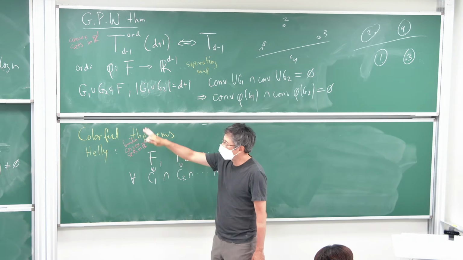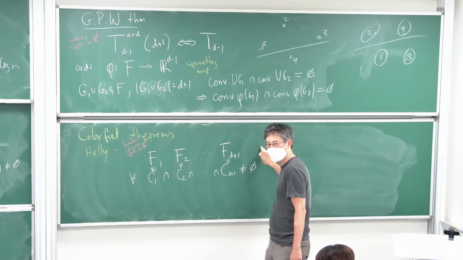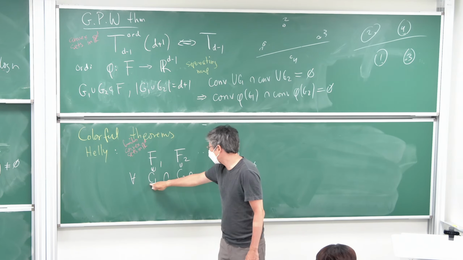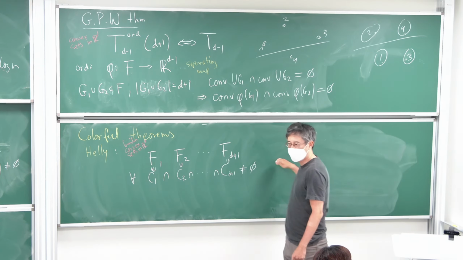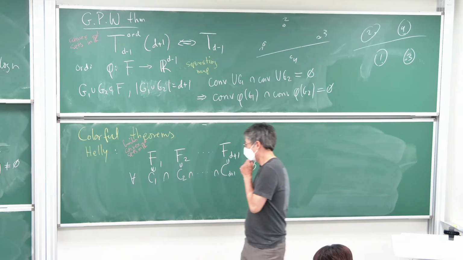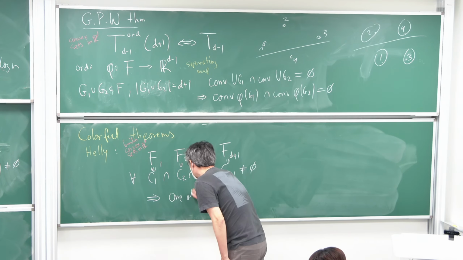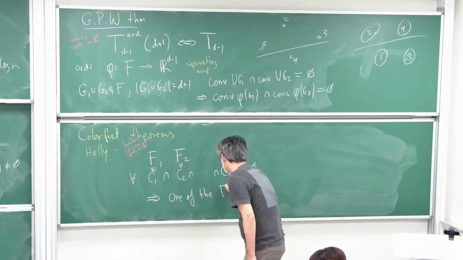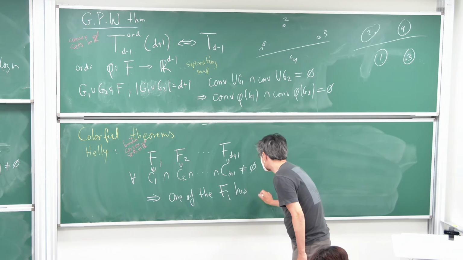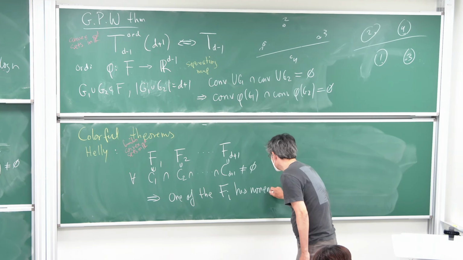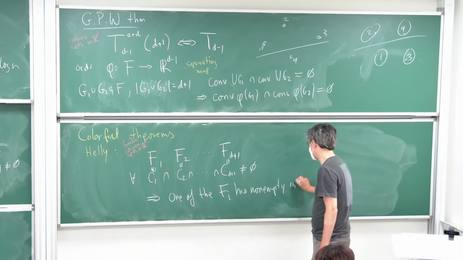So instead of one family of convex sets, I have d+1 of them. The condition is whenever I take one set from each family, the intersection is non-empty. Then one of the Fi has non-empty intersection.